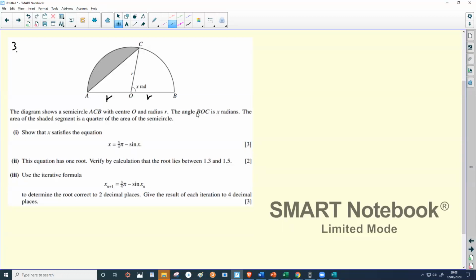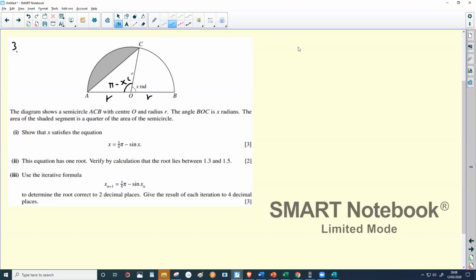The angle BOC is x radians, and it's saying the area of the shaded segment is a quarter of the area of the semicircle. All right, let's have a look. So now, I'm just going to mark on that angle there is going to be pi minus x radians. So I'll just put a C here for radians.